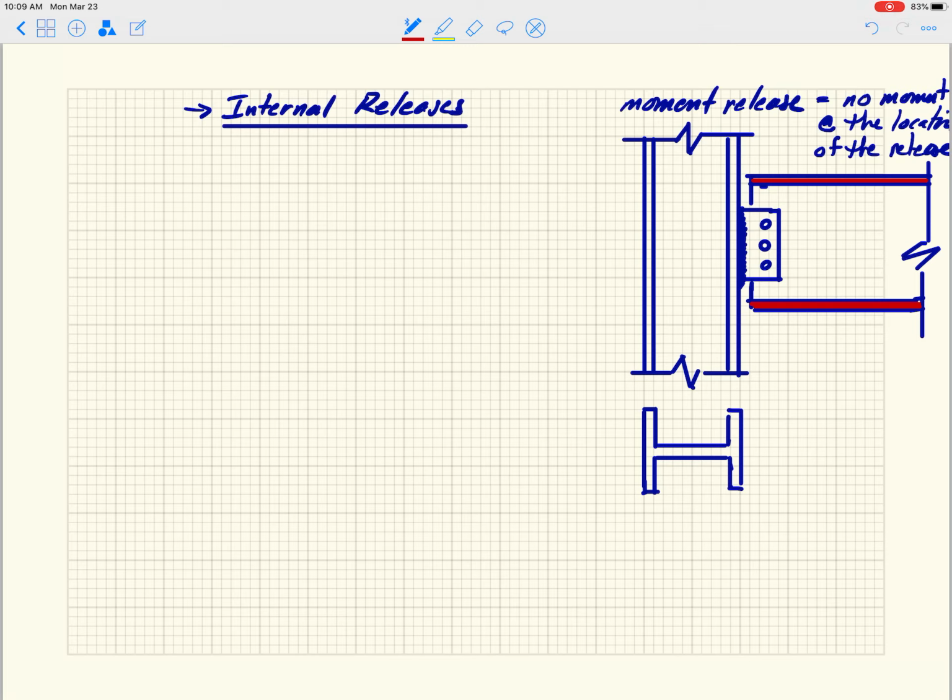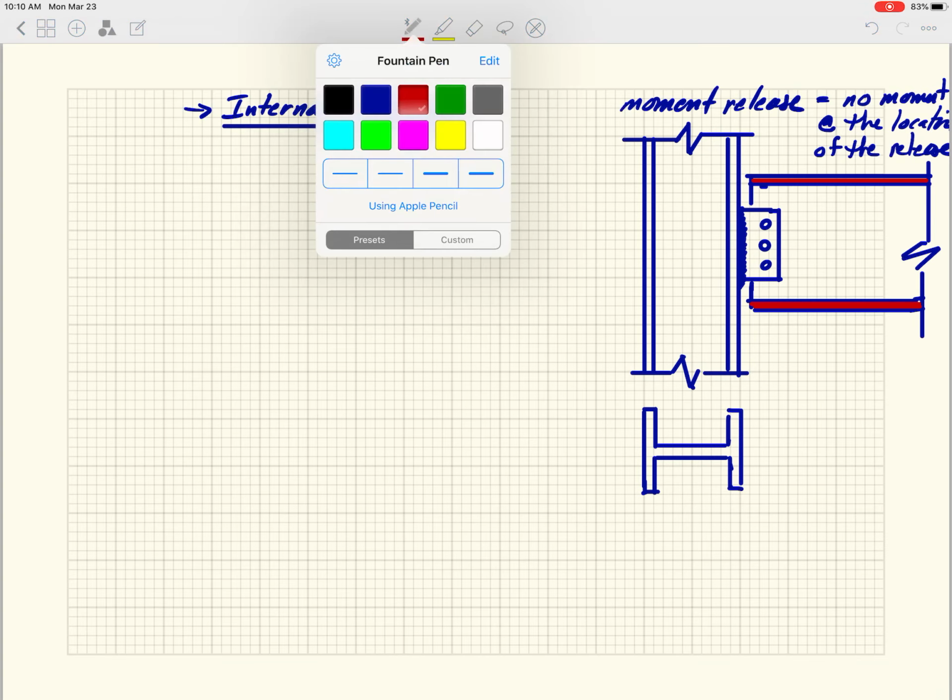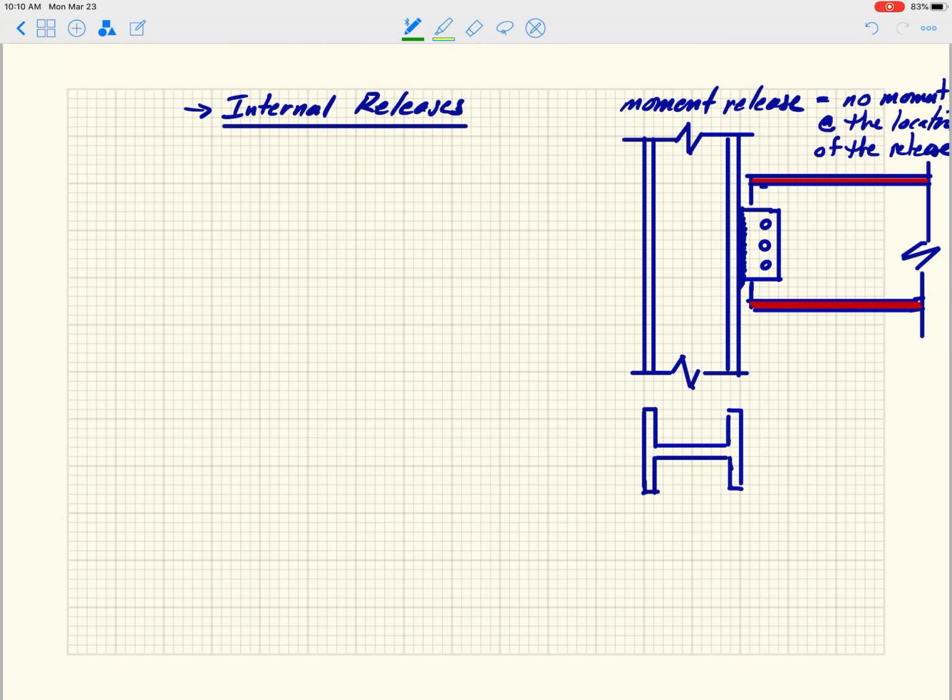That is a very common assumption. If there's some minor moment transfer, maybe 1% to 5% of what it would be if it was a fully continuous connection, then that's just a little bit extra conservatism in our design.